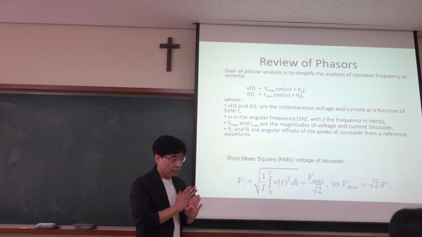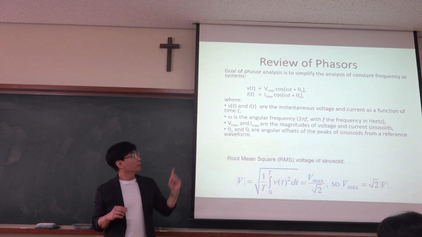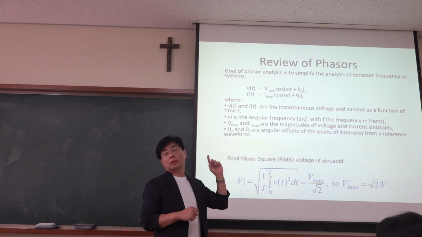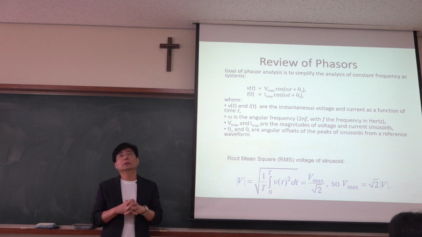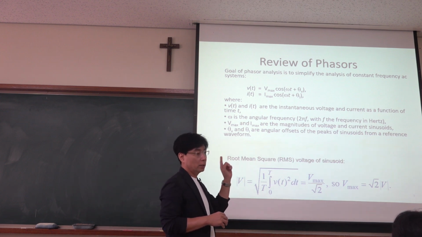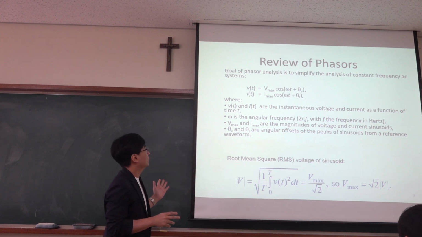Sometimes they can be the same, especially for the resistance component. The phase of current and phase of voltage can be the same, but for the reactance component like coil or capacitor, the angles zeta v and zeta I are different. Okay, so yeah, we have this alternating current system.